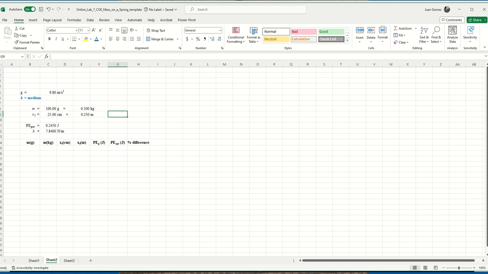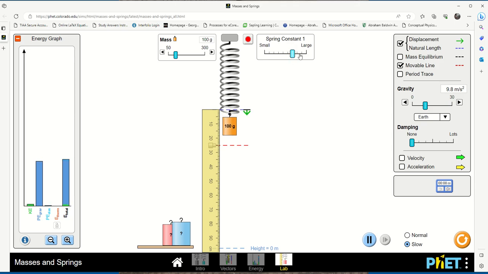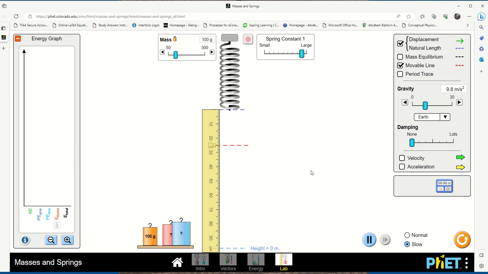Then for large, I will go up to right there. You might want to take the mass off again. When you release it, you don't want any green arrow at all. You want to make sure it's 0.